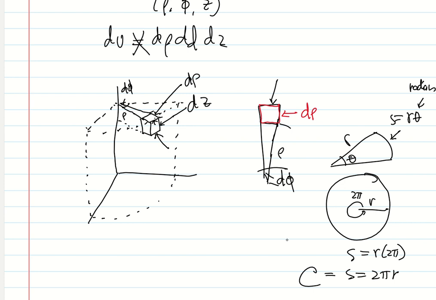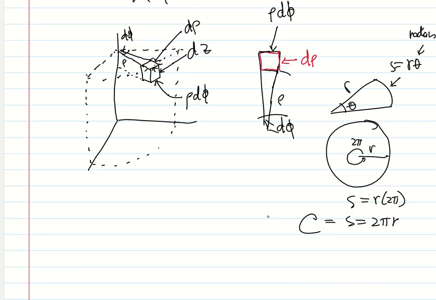Here we also apply that concept. This side is just equal to the radius, which is rho, multiplied by the angle, which is d phi, so this side is rho d phi. To solve for the differential volume in the cylindrical coordinate system, we multiply the sides, because the formula for volume is length times width times height.